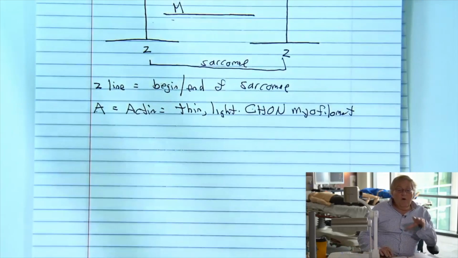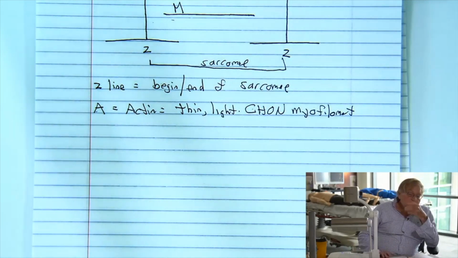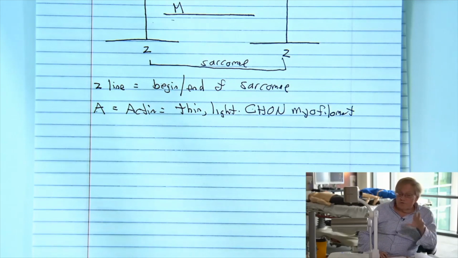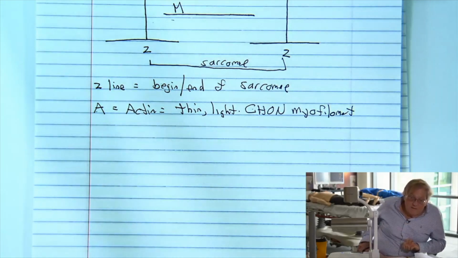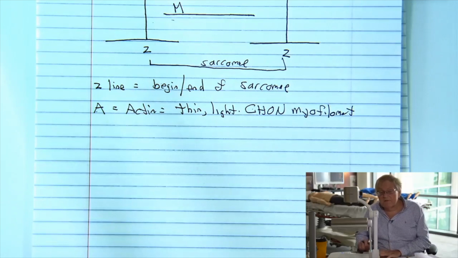It's called light or thin because in organic chemistry, you understand what's called what rotates plane polarized light. And the way that actin rotates plane polarized light shows on an electron microscope a very light structure, and therefore that's where it got its name of the A band or the thin light protein myofilament.